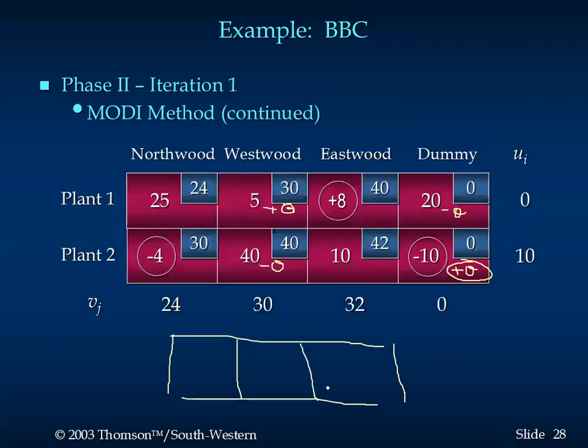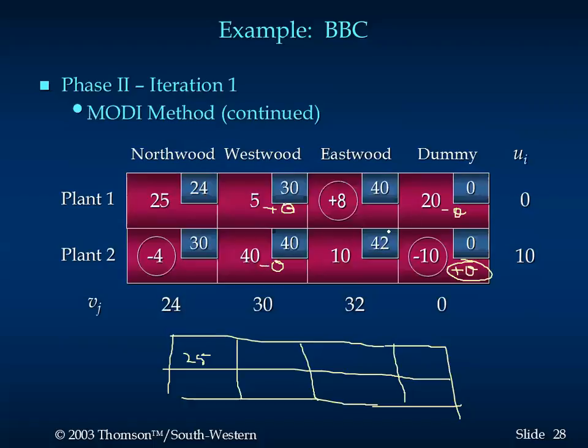I'll just add in one more column here. So, what do I get? 25 here. This is 5 plus 20, right? Minus thetas are 20 and 40.